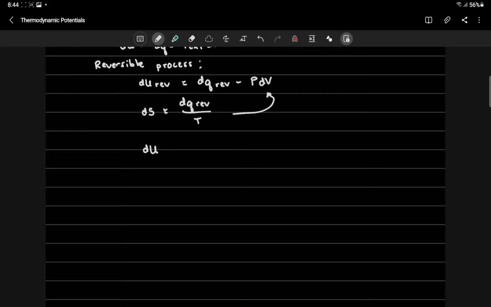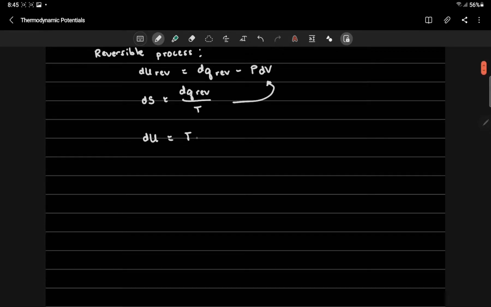So, dU equals, yung dQ rev natin, we can now express that as T times the change in entropy minus PdV. So now you have this expression, and lo and behold, this is what is known as the fundamental theorem of thermodynamics.